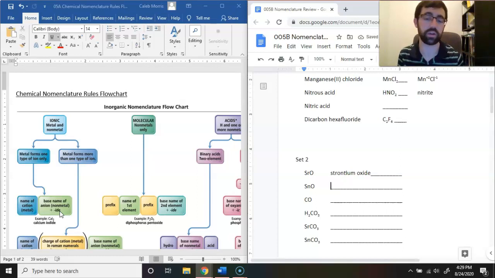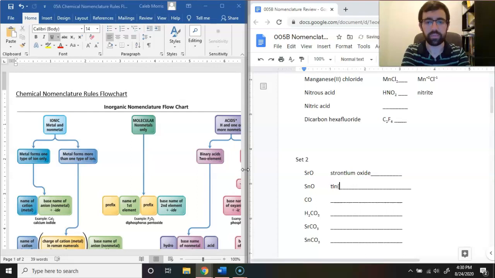All right. Then I come down here, I've got SnO. Well, Sn is a different element, that's tin. If I look on the periodic table, Sn is over there in the part of the periodic table I don't know the charge for. Okay, since I don't know for sure what its charge is, I'm going to have to go down this part of the flow chart. I'm going to have to find a Roman numeral. It's still just going to be tin, not Tim, tin, but I'm going to need to write a Roman numeral.